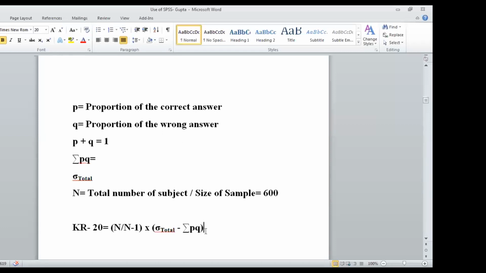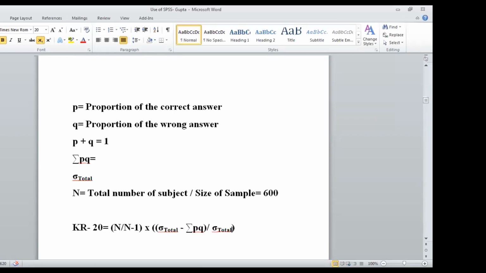And this has to be divided by sigma total. So this is exactly the formula for the Kuder-Richardson formula 20.